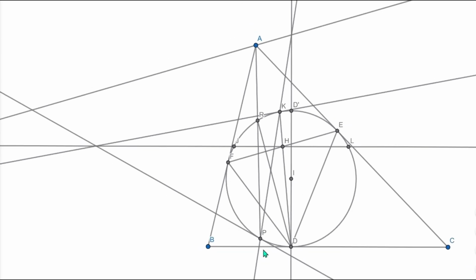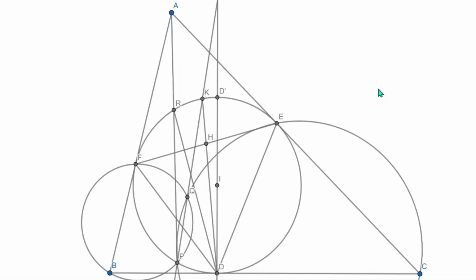And therefore, PK and D prime meet on the line through A perpendicular to AI. So we have basically gotten rid of the line through A perpendicular to AI from the problem. So we've reduced the problem to showing that if K is this point on the incircle here, then P, Q, and K are collinear. So how do we go about showing this?